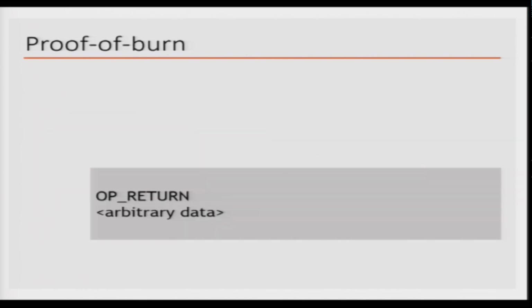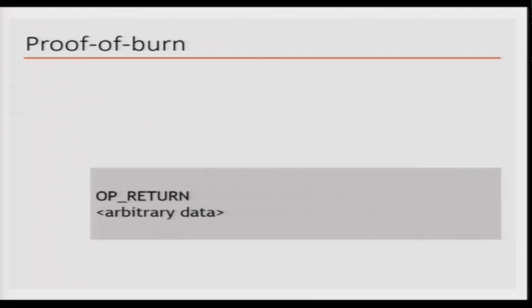So, proof of burn is an instruction. So, what is a burn? Burn means that you are burning money, right. So, if you take some Bitcoin as inputs and you do not specify who gets it, but the script executes fine, then that Bitcoin becomes irredeemable, which means that you cannot redeem it ever again, because once you have used it as input, you cannot use it as input to another transaction.